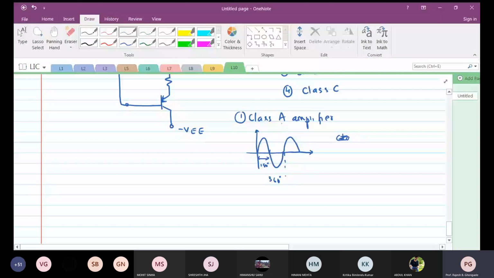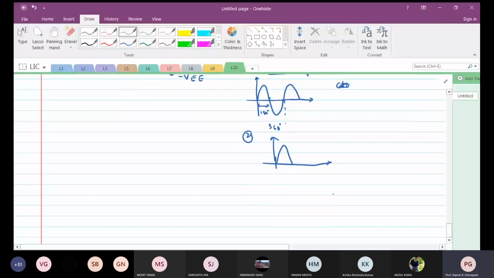In class B, you have conduction or amplification of only one particular half cycle, that is 180 degrees conduction. In class C, it is less than that.